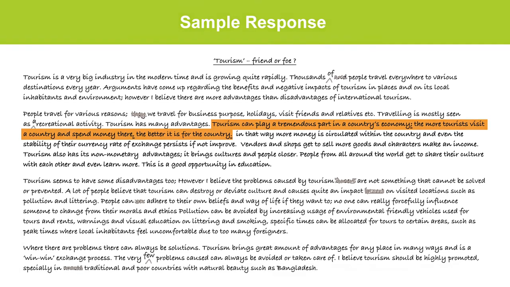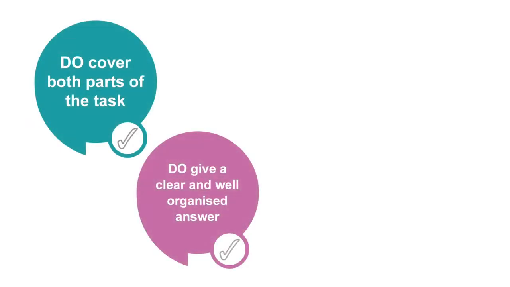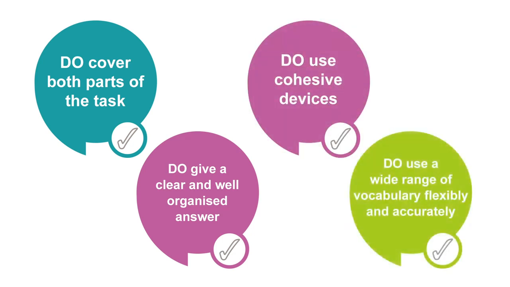Or, to summarize, this answer achieved a band 7 because it covered both aspects of the task, is clear and well organized, uses cohesive devices, and uses a wide range of vocabulary which is also used flexibly and accurately.